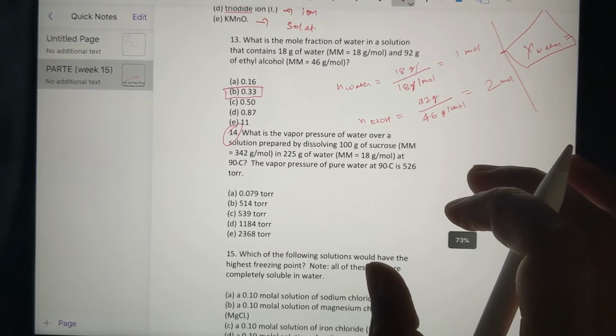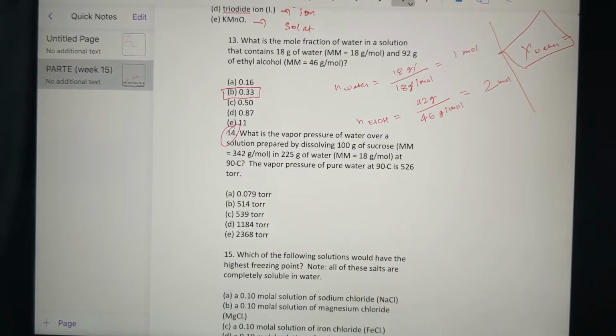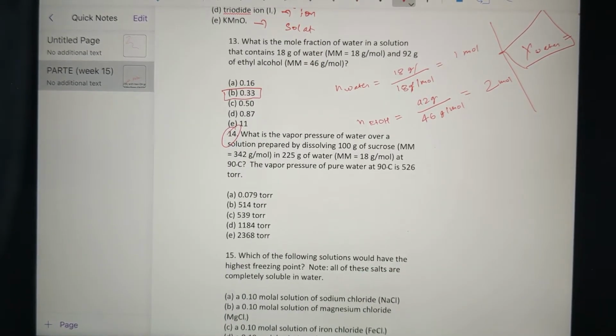Okay, so next question asks you about the vapor pressure of water over a solution.